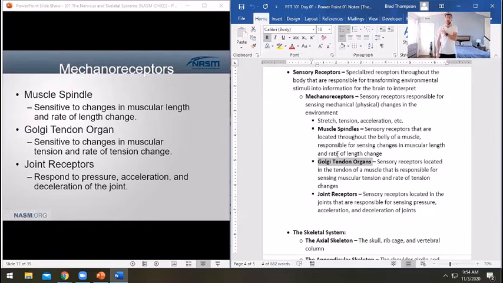Pressure on the Golgi tendon organ. And that's either going to be through pushing on it, maybe with foam rolling, massage, or using some type of technique, or just stretching it from end to end. Both of those put pressure on Golgi tendon organs. So autogenic inhibition is either a response to too much stress, or it's a response to your body realizing, hey, I'm supposed to be able to stand like this.